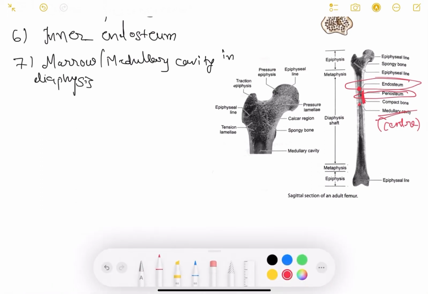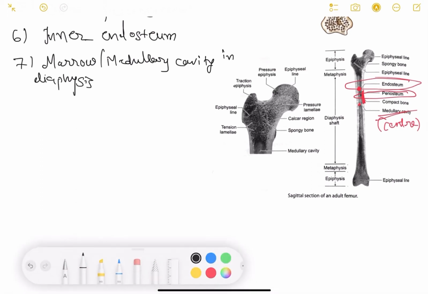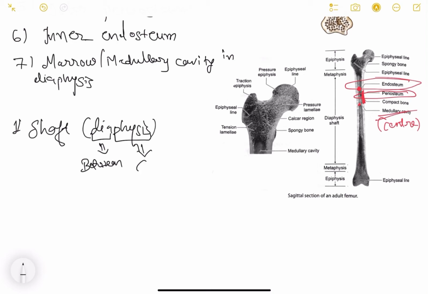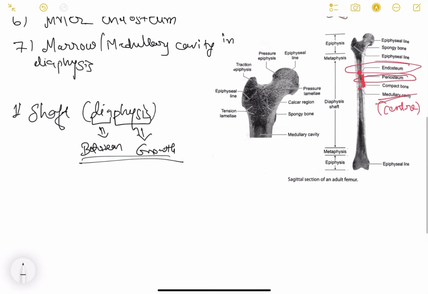Now talking about the shaft, that is diaphysis. Diaphysis means what? Dia and physis, two words are there. Dia means between and physis means growth. So between growth, diaphysis.